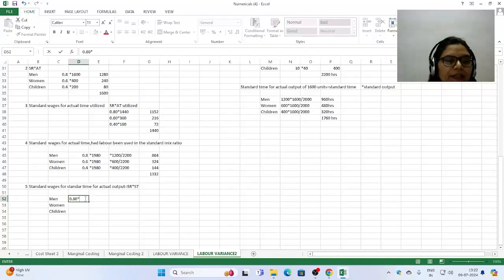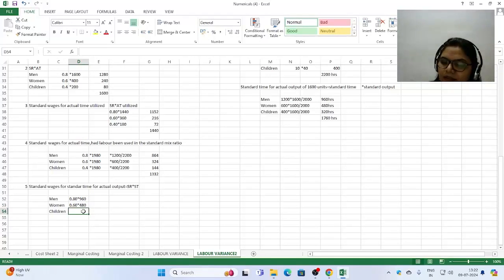Then 0.80 into 960, standard time for actual output. And we have got again 0.60 into 480.